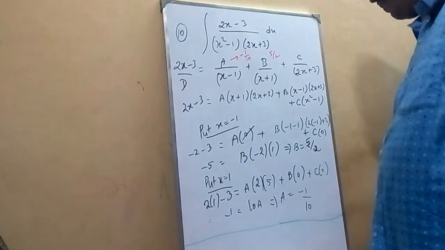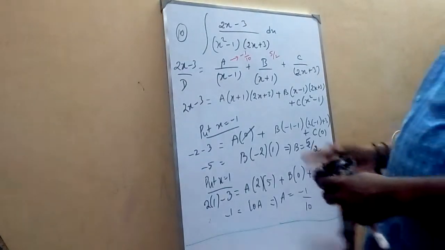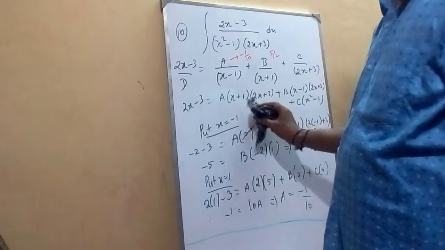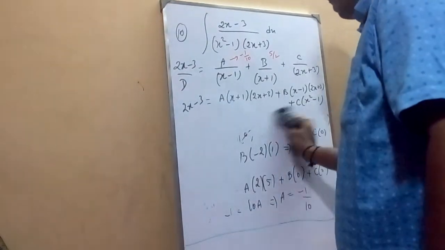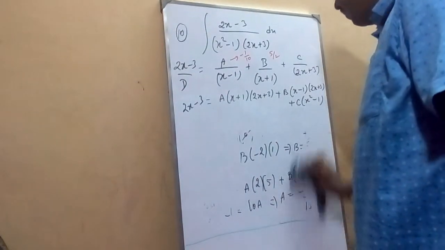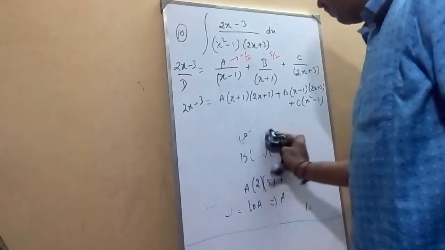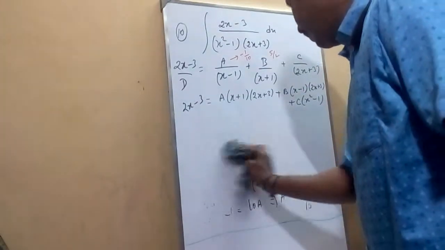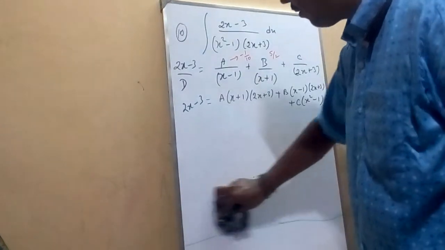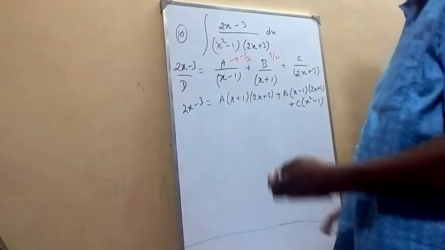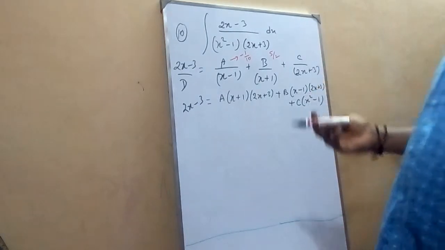Next term is C. For getting C, I am going to use the simple method, that is, I am going to use only the constant coefficient. That will be better, because the constant will be there everywhere. You can use any method, like multiplying throughout and comparing the coefficients of x squared, then x, and then the constant.